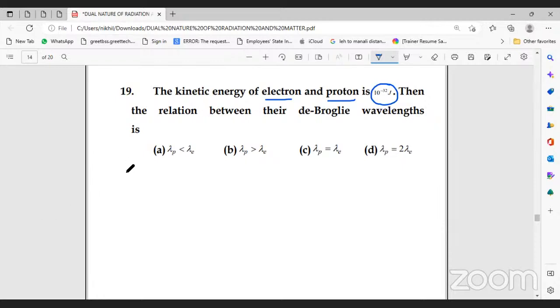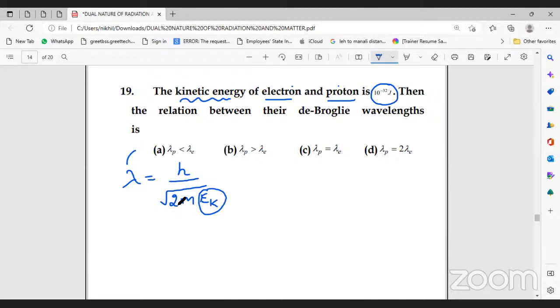So what's the formula for the de Broglie wavelength? Lambda is h divided by root of 2m into Ek, where Ek represents the kinetic energy. Since kinetic energy is given as same for both electron and proton, this kinetic energy is constant now.